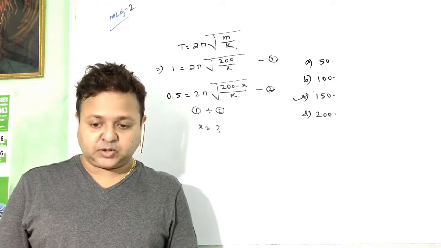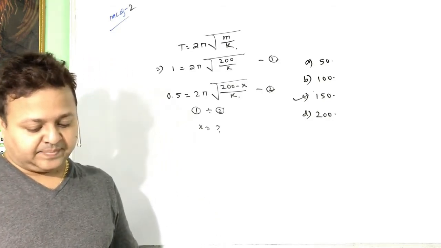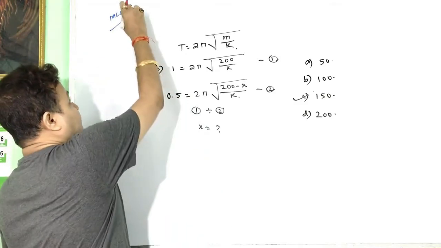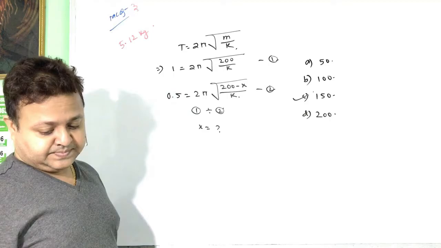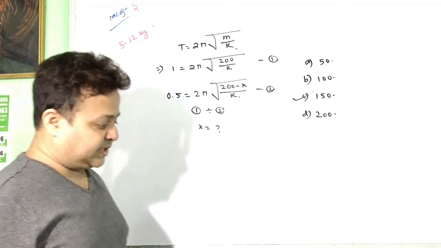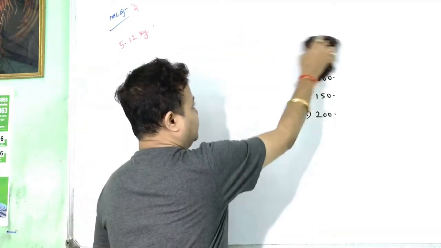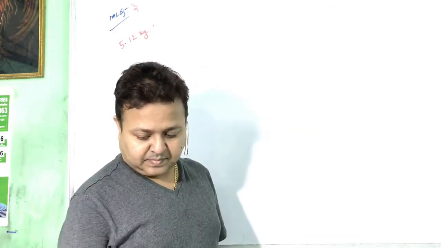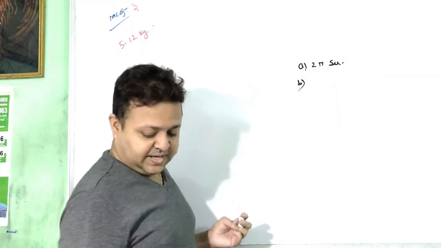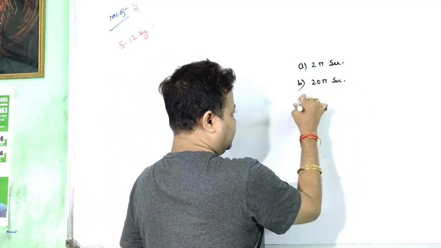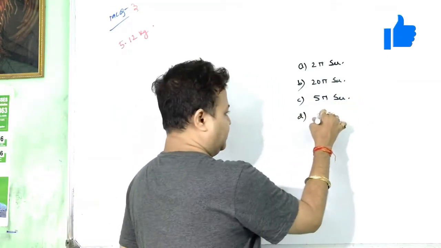If the amplitude of the oscillation is 25 centimeter and the mass of the particle is 5.12 kg, then the time period of oscillation will be: option A 2 pi second, B 20 pi second, C 5 pi second, and D 5 by 5 second.